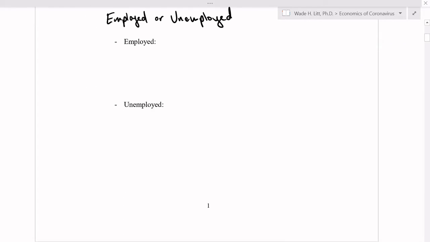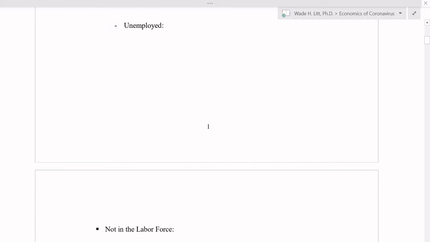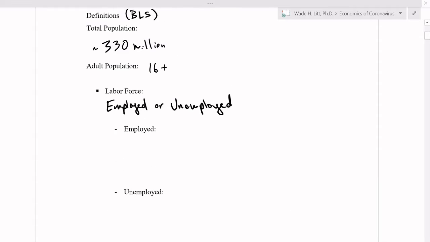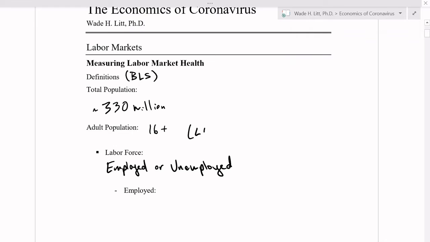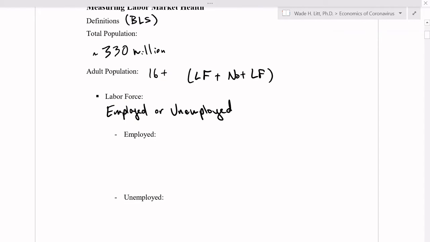And then we have those who are not in the labor force, which we're going to get to in a second. But the adult population is composed of the labor force plus those not in the labor force. So we're just breaking this down piece by piece.